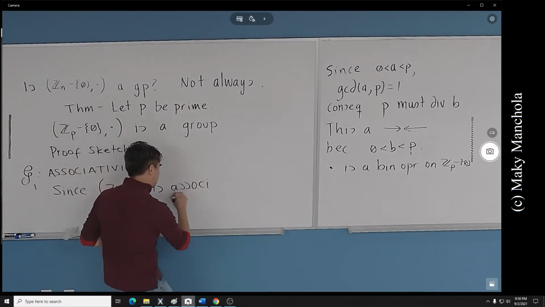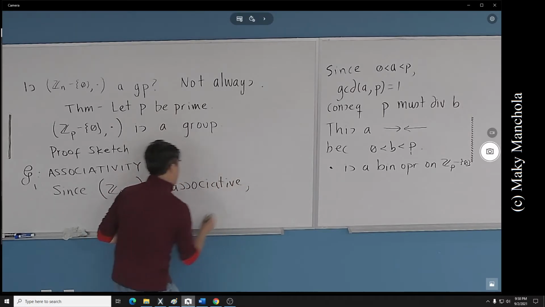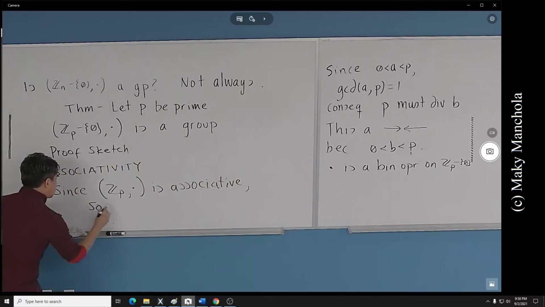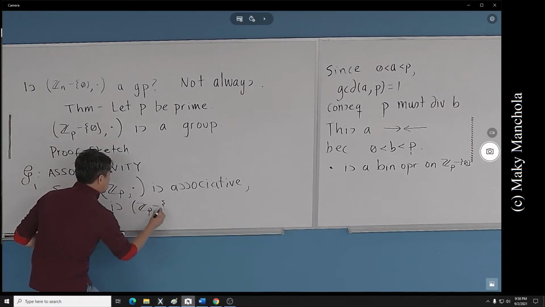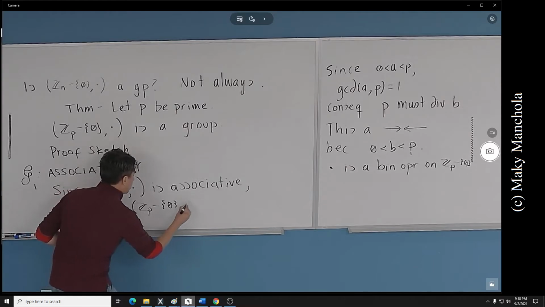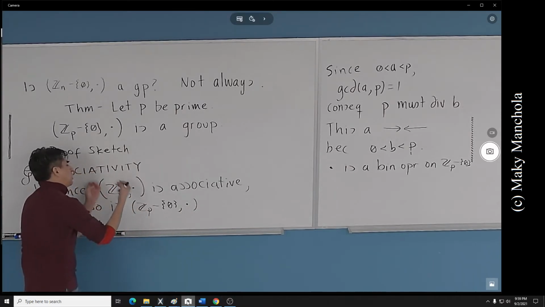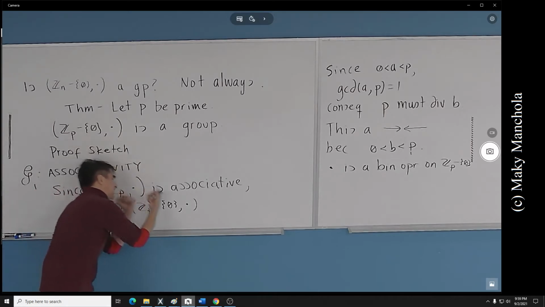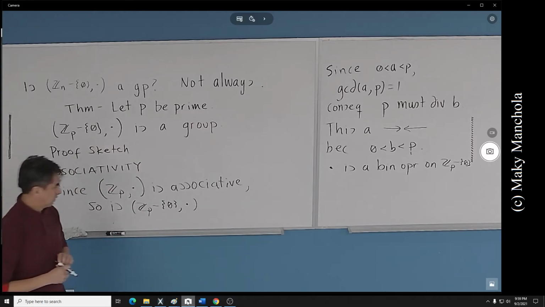That's a known fact at this point. So is ZP minus 0. The ZP minus 0 is a subset of ZP, so the associative property is inherited from the structure ZP with multiplication.